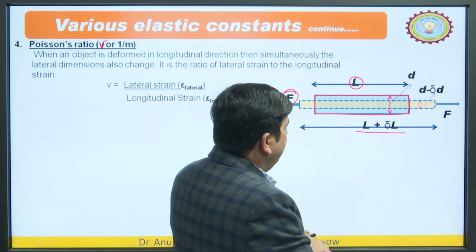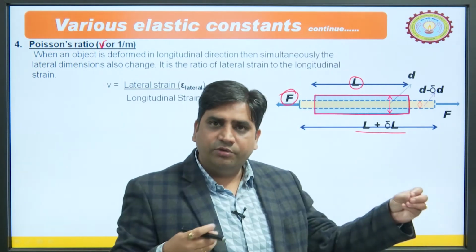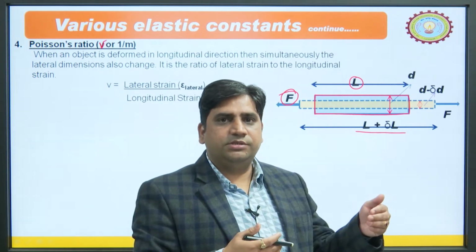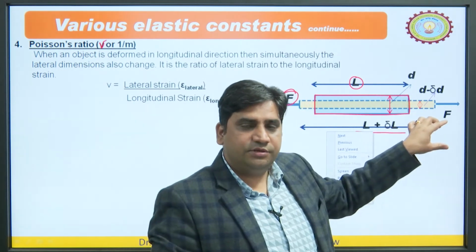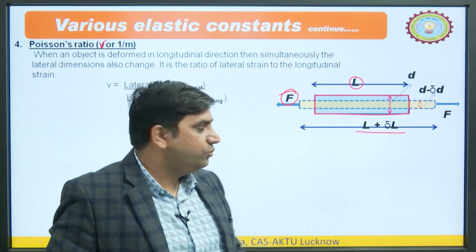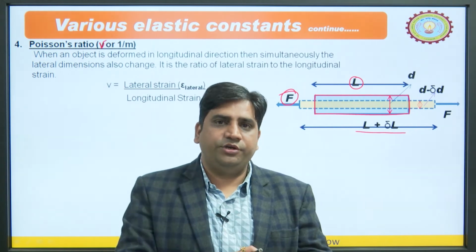The dimension along the length is known as the longitudinal dimension, and the dimension perpendicular to the axis of this cylinder is the lateral dimension. So, simultaneously we are seeing changes in the 2 dimensions, one lateral and another longitudinal.